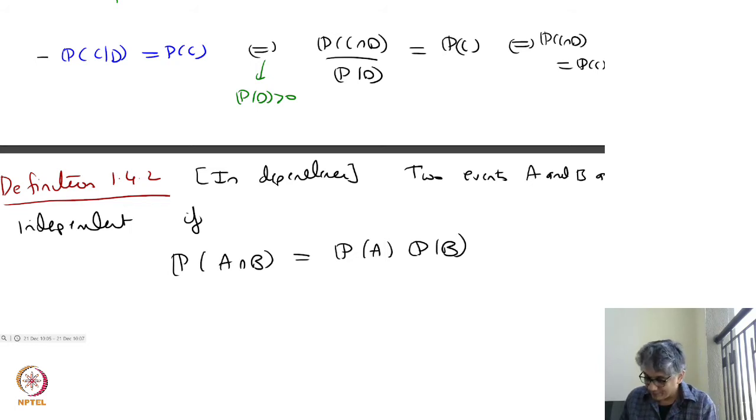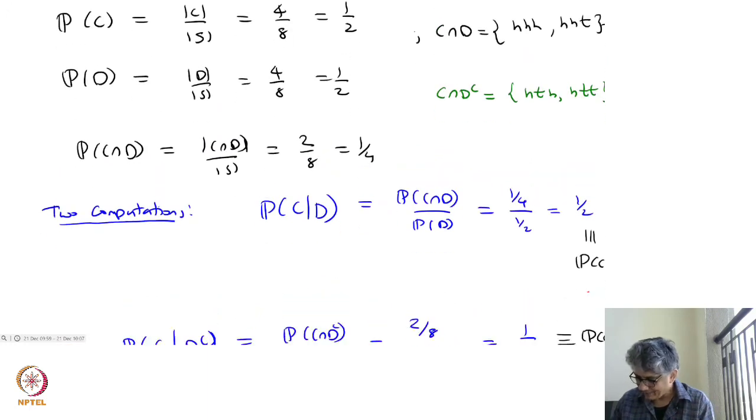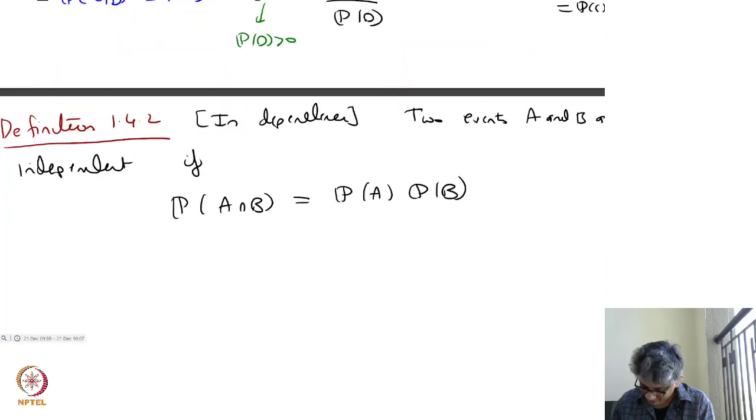So now we have seen examples of independent events and examples of events that are not independent. In the previous example, we saw that C and D were independent, but A and B were not independent. So let me just recap that.